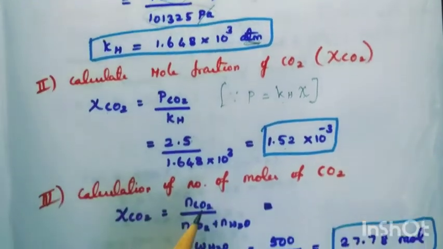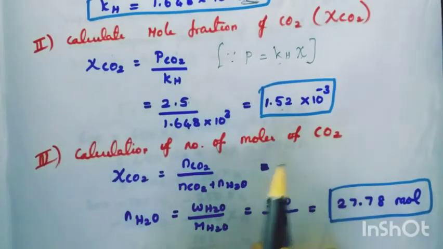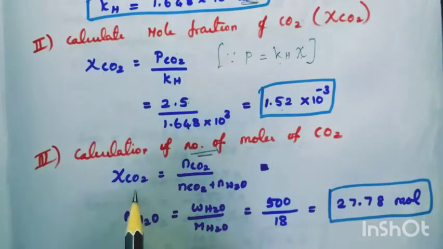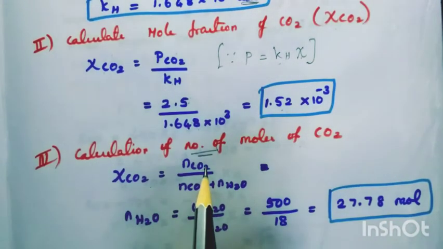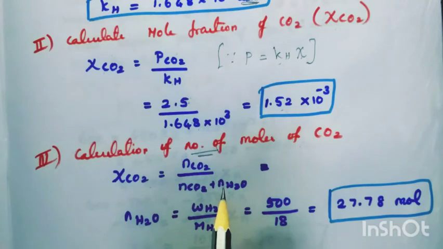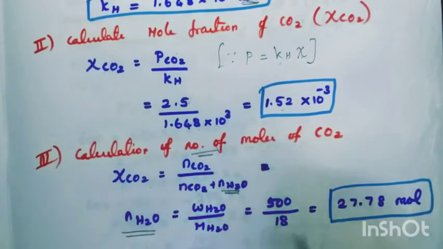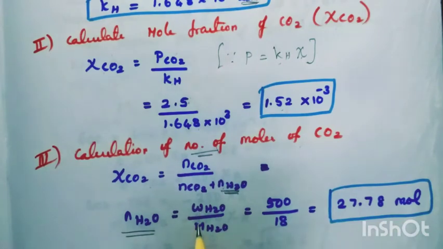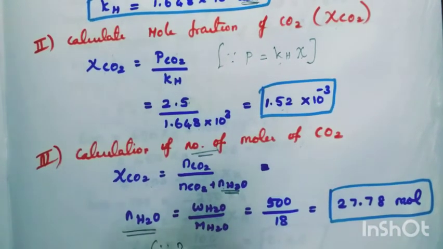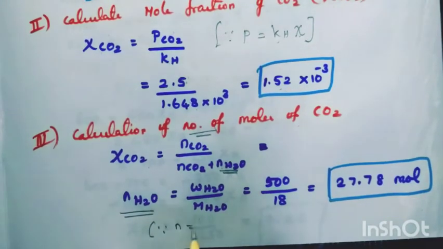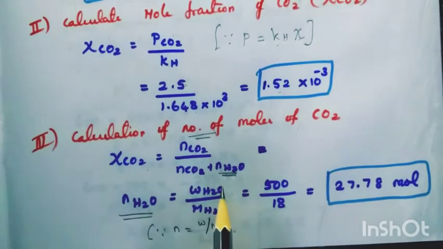Now calculation of the number of moles of carbon dioxide. Mole fraction depends on the number of moles. Mole fraction of carbon dioxide is equal to individual number of moles by total number of moles. We need the number of moles, which we didn't know. So N is equal to W by M. So we write the weight of water by this.